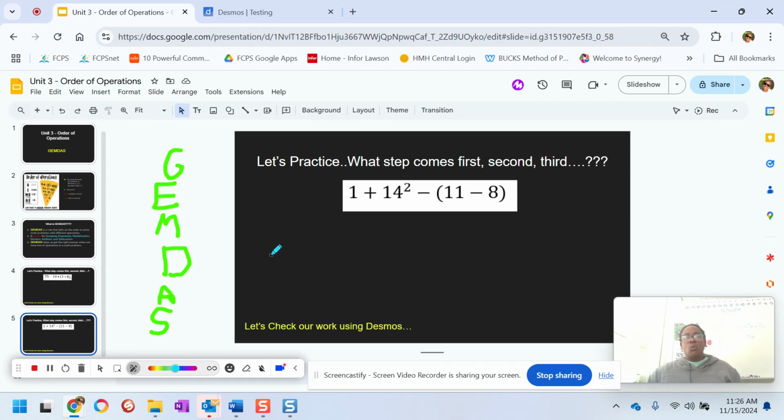This says 1 plus 14 squared minus parentheses 11 minus 8. The first question I ask myself is, do I have groups? I do see groups. I see parentheses, and I see 11 minus 8 inside of there. I know that 11 minus 8 is 3. Now I'm going to bring down everything else that I didn't use.